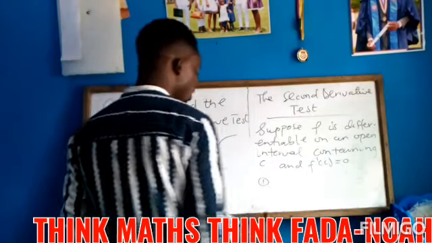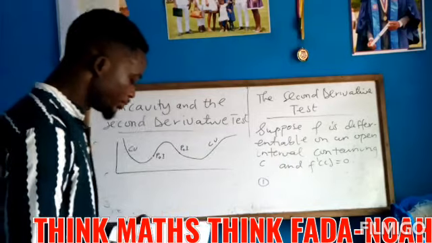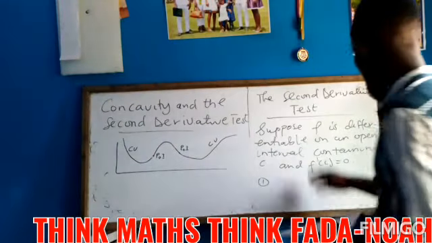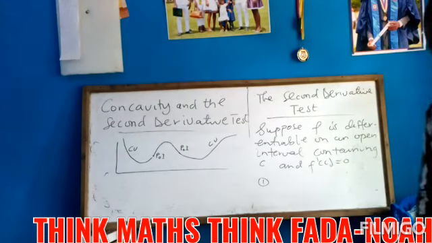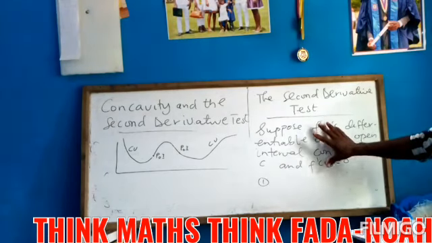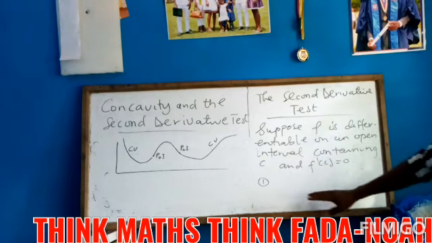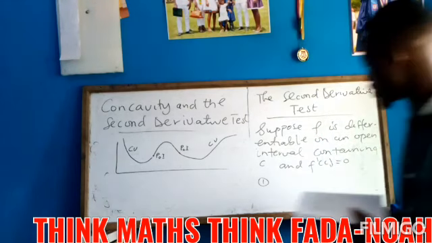So let's look at some conditions. We first of all suppose f is differentiable on an open interval containing c and f prime of c is 0. This thing is very important. It must hold before we can write what we're about to write.